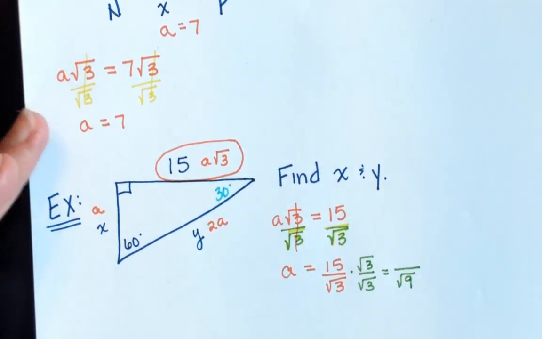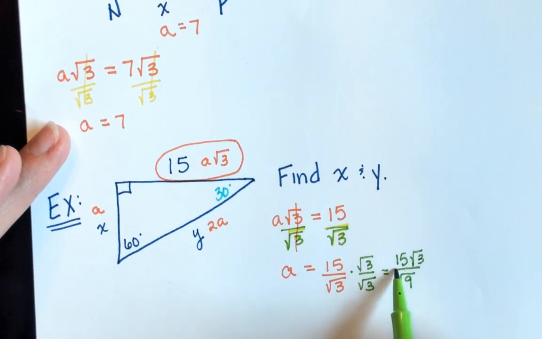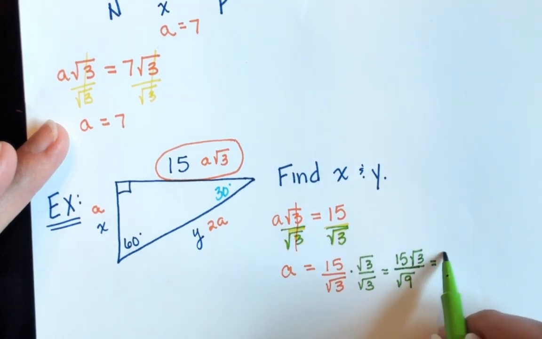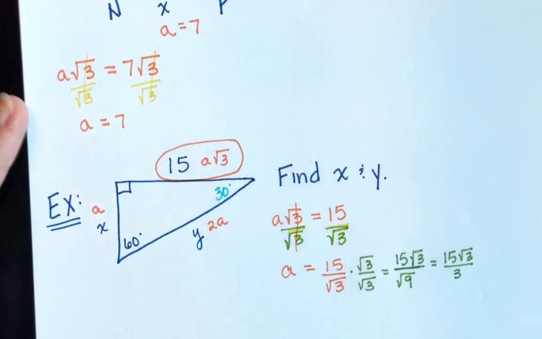But look again at our pattern. The original numerator and that radical are now in our numerator. And we end up with 15 radical 3 over 3.